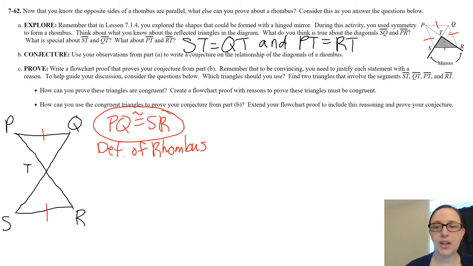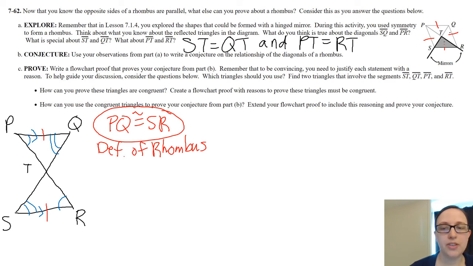All right, and next, I'm going to use some angles. I'm going to use angle, angle, side, or angle, side, angle. I know that the alternate interior angles are equal, since I know that these sides are parallel. I'm going to write that over here.